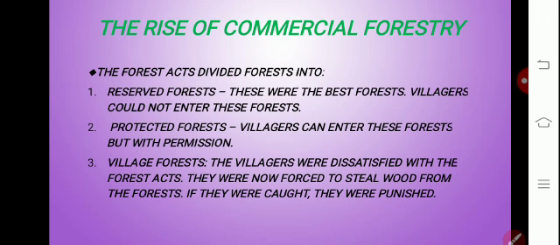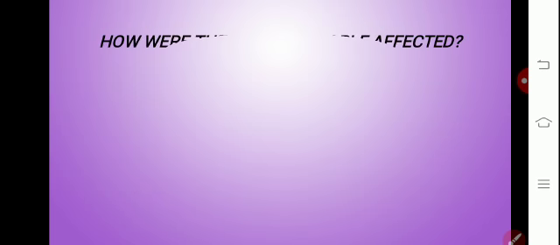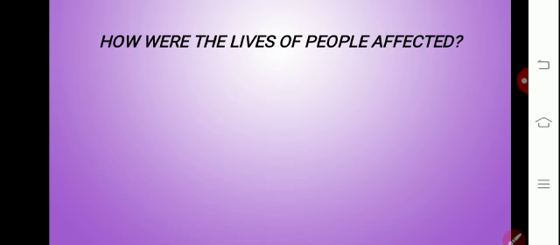If they were caught, they were punished. People were forced to steal, or to take the things which were of their use, but if they were caught, they were punished. Now what was the effect on the life of the people? How were people affected by these new laws?